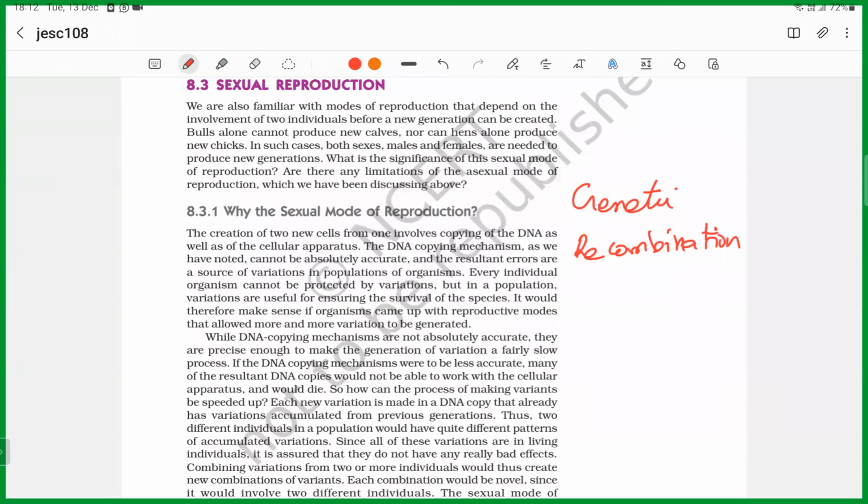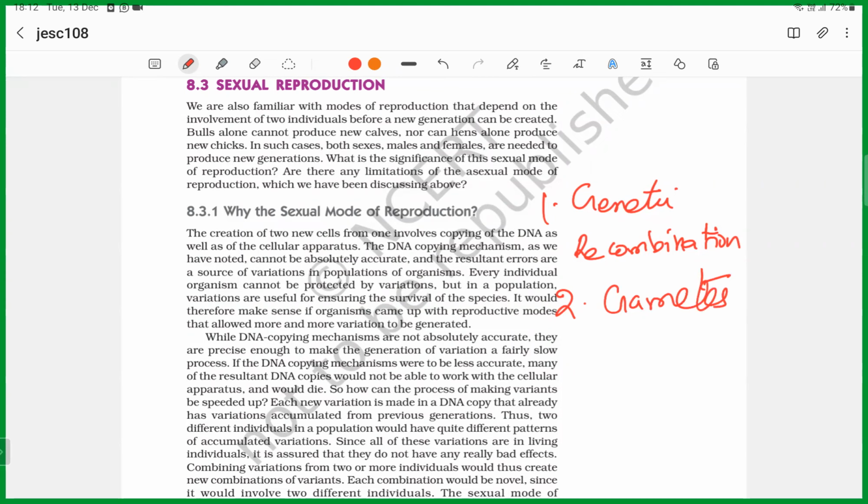Sir, but two different gametes are required, right? Yeah, correct. A single parent, but two different gametes. Maybe the same parent, but two different gametes are required. That's the most important thing. So genetic recombination and then involvement of gametes, fusion of gametes, all these things are very important.